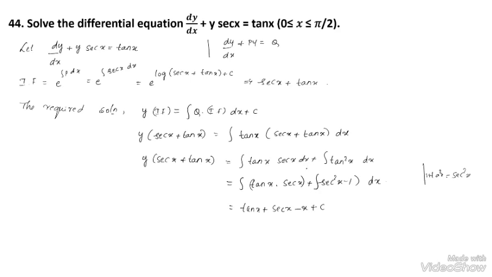Now the required solution is y into sec x plus tan x is equal to sec x plus tan x minus x plus some constant c. Let's move on to question number 45.